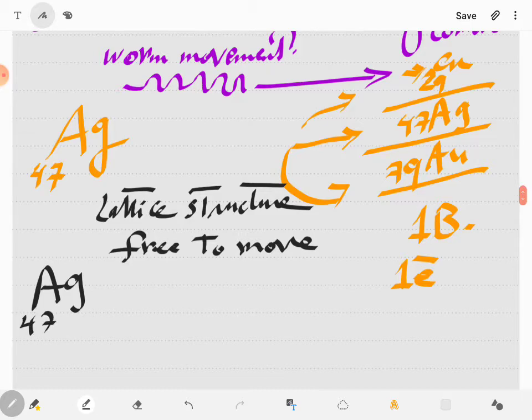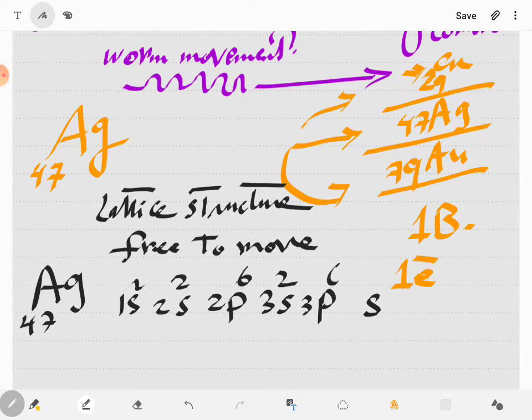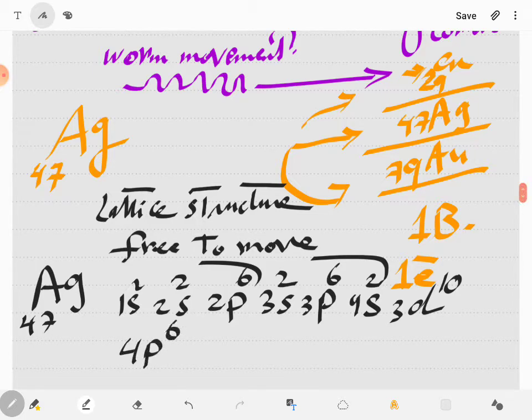We know it's 1s2, 2s2, 2p6, 3s2, 3p6, 4s2, then 3d10, 4p6, and 5s with 4d.